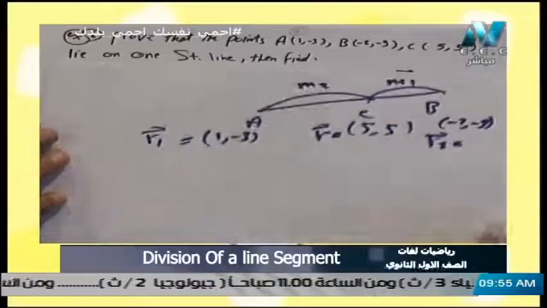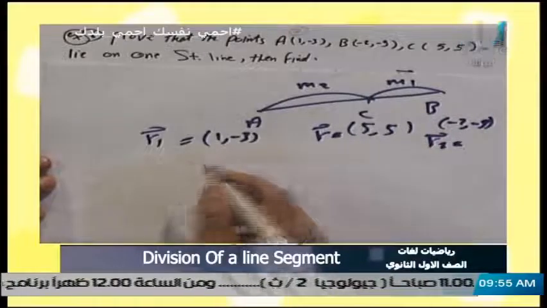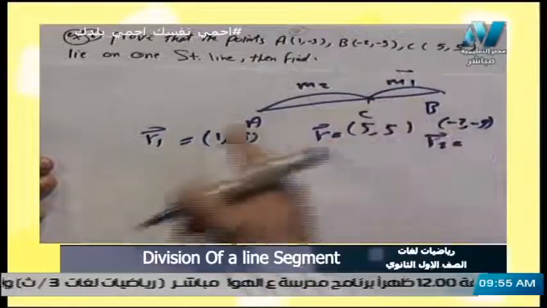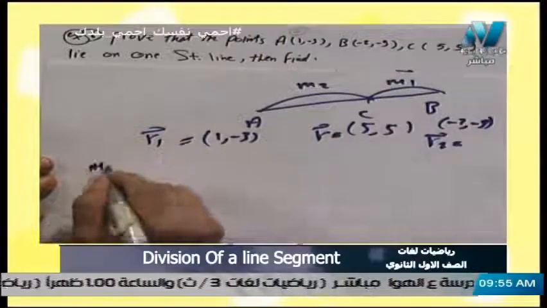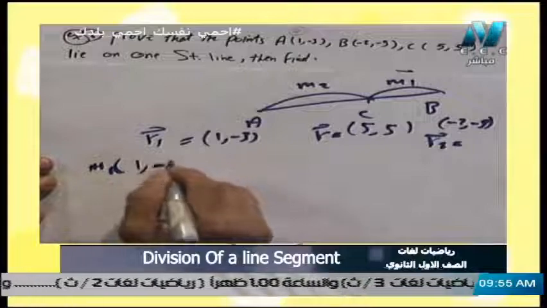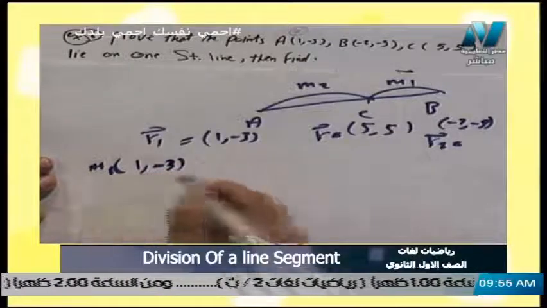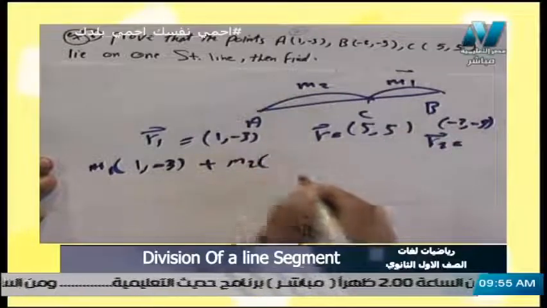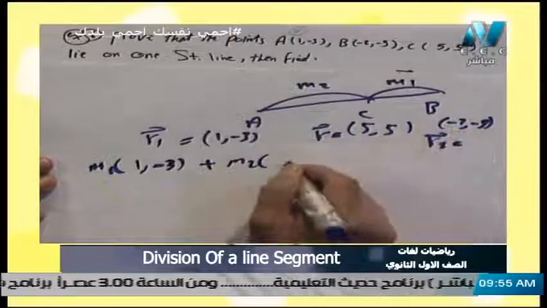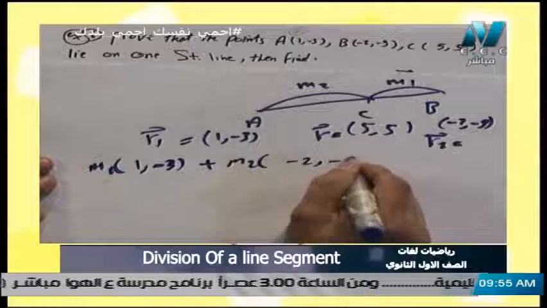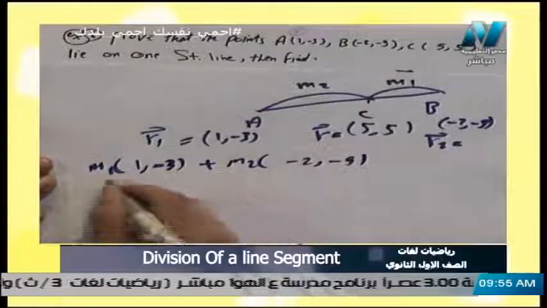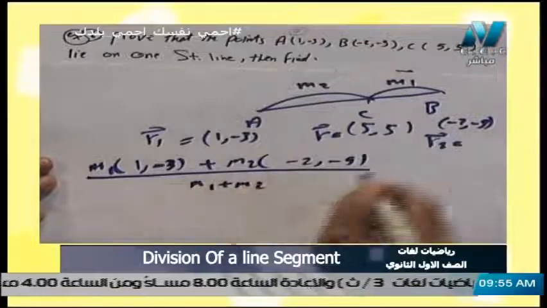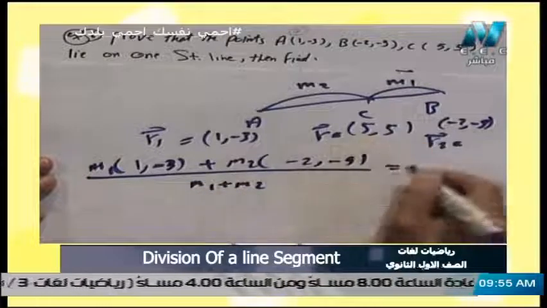Okay, so we will apply the rule: M1 R1, which is M1 multiplied by 1 and negative 3, plus M2 R2, which is negative 2 and negative 9, over M1 plus M2 equals 5 and 5 already.